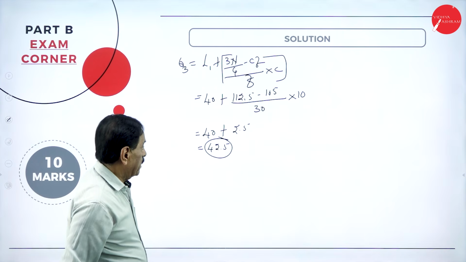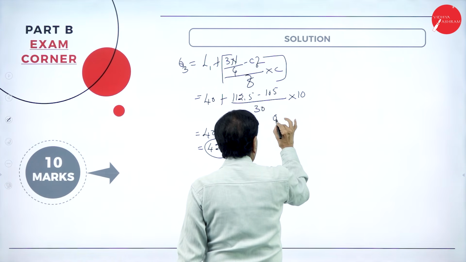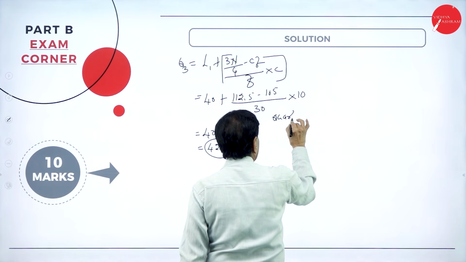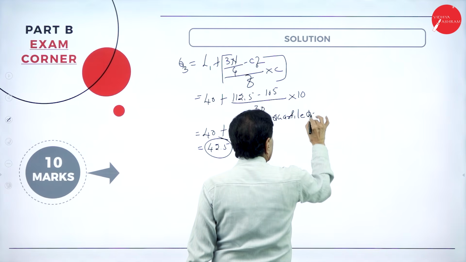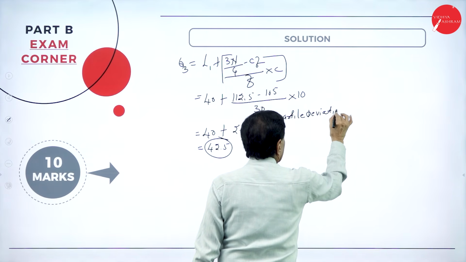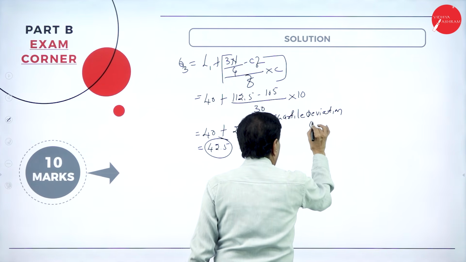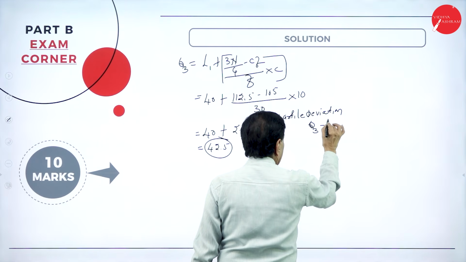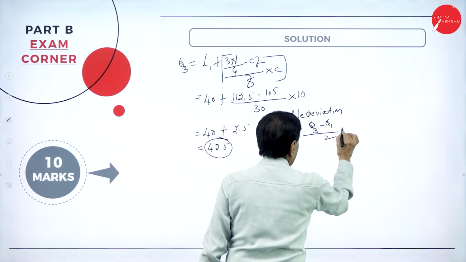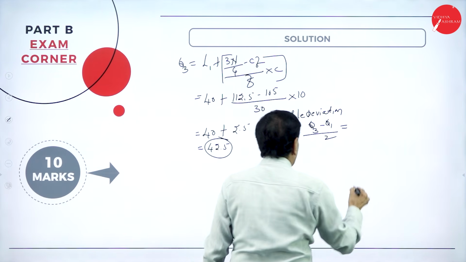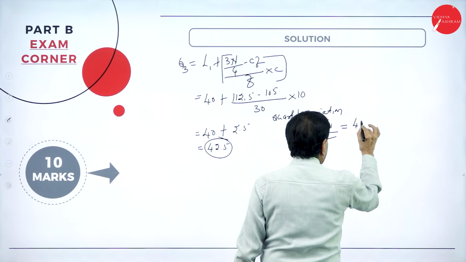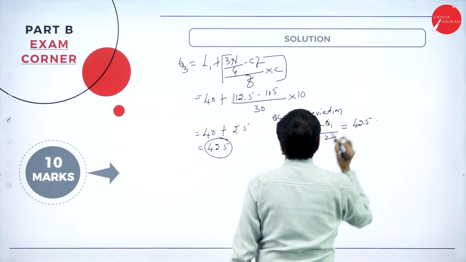Now, apply the formula. Quartile deviation is Q3 minus Q1 divided by 2. What is your Q3? 42.5 minus.